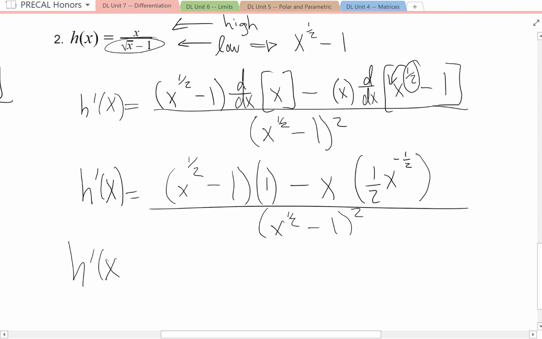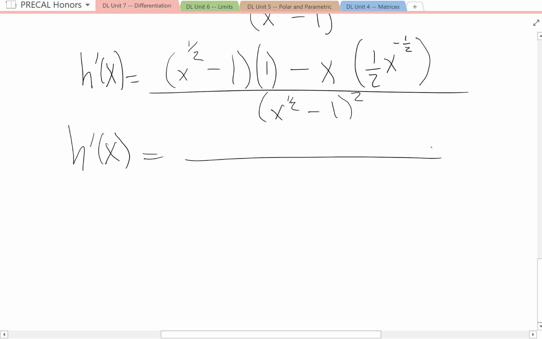So continuing on, we have x to the 1/2, distribute this 1, and then multiply these two. So x to the 1/2 minus 1 minus, we're multiplying, okay, a negative 1 times a 1/2, so that's a negative 1/2.